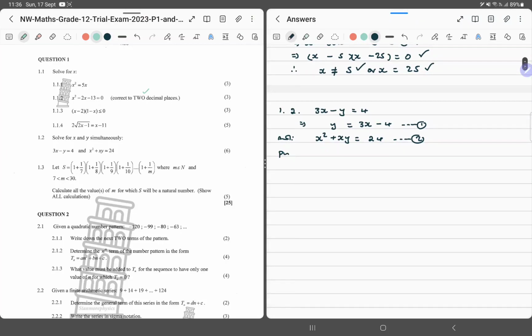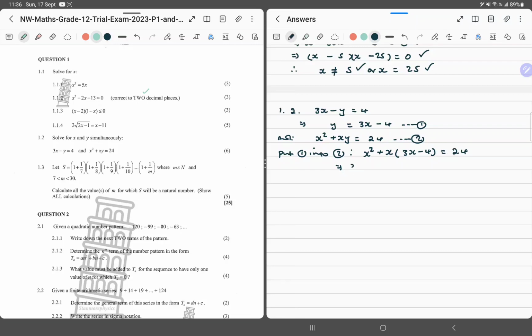Now to solve simultaneously, you put one into the other. So we're going to say x squared plus x. Where you see y, you substitute with 3x minus 4 equals 24.